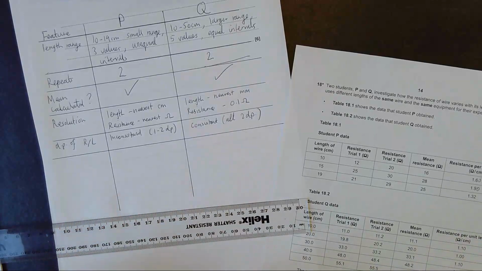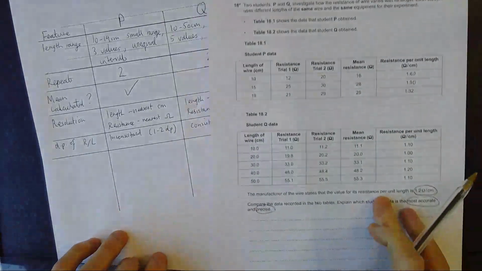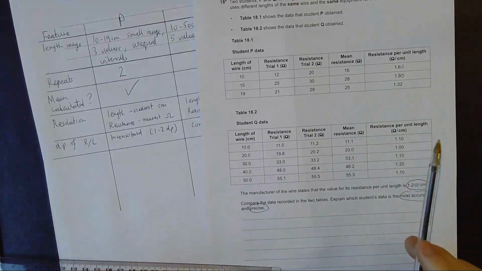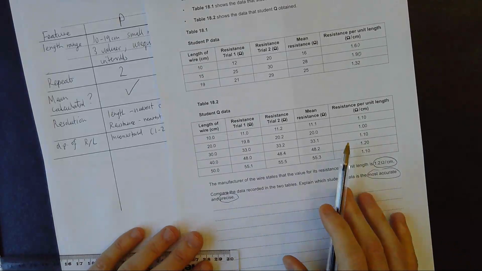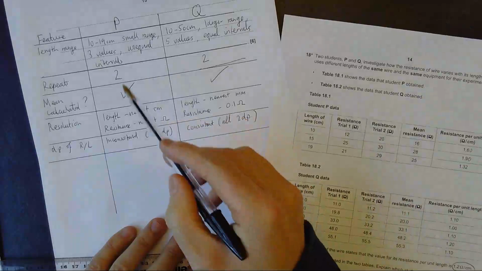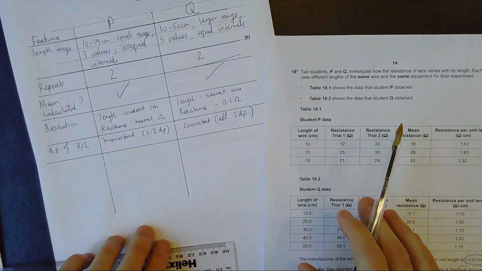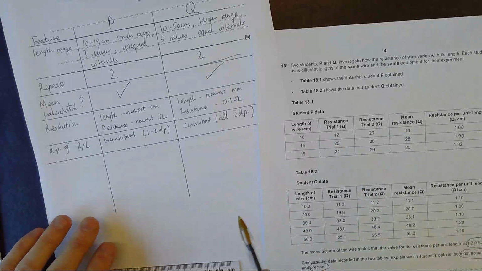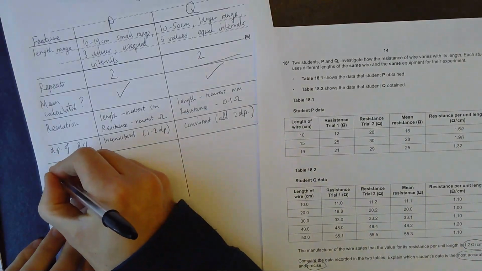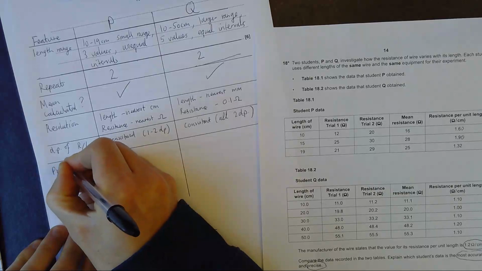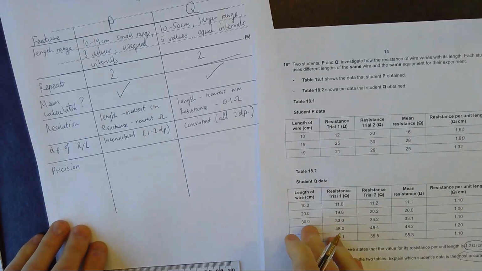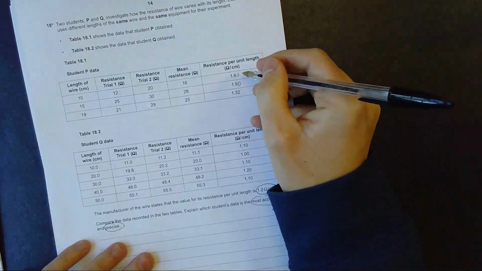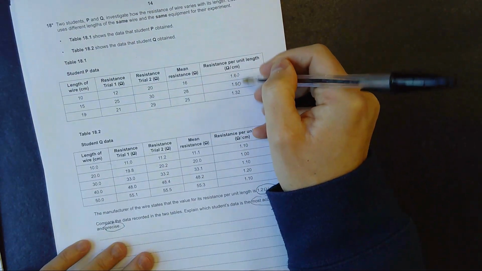Finally, we've done a comparison really of most of the things they've done in the tables. The last thing we haven't actually talked about directly is the accuracy and precision. Well, all of these things are going to help with the accuracy and precision, but there's a little bit more we can say. So let's start by looking at precision. Precision for OCR is defined as where you look at your final values. It's looking at the range of these measurements.